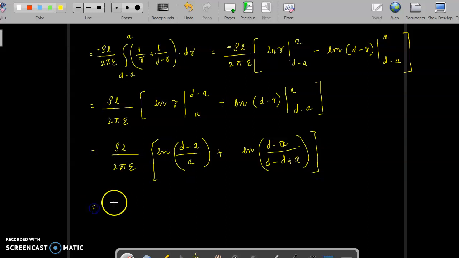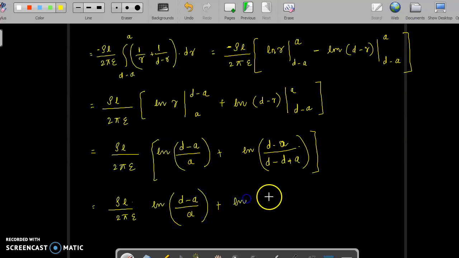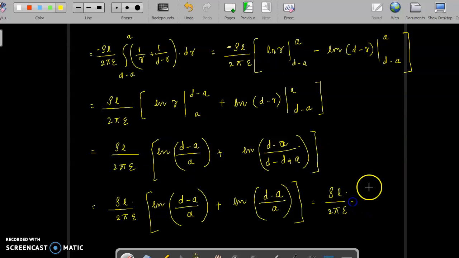So this becomes rho over 2 pi epsilon, natural log of d minus a by a plus natural log of d minus a by a, which is 2 natural log of d minus a by a.